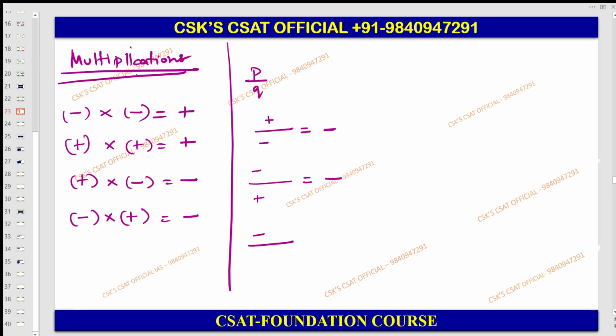Minus by minus is nothing but a plus, because the minus and minus get cancelled. Plus by plus is automatically a plus. So this is with respect to division. Basic signs are very important because in BODMAS etc., people make mistakes in the signs also, so you have to be very careful.